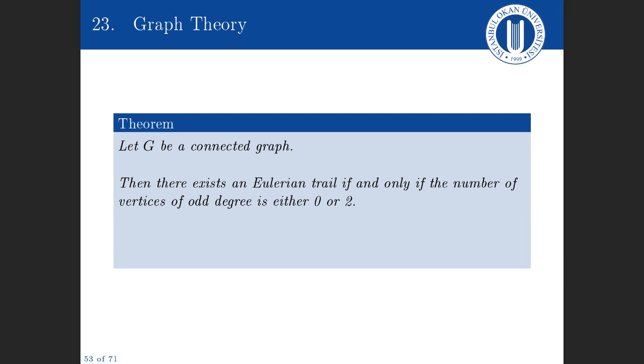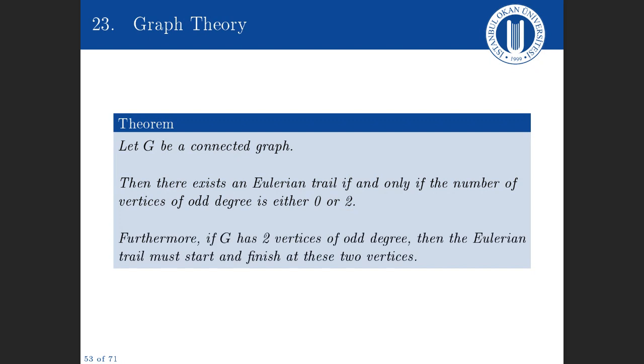So there's either no vertices which have odd degree, in other words, every vertex has even degree, or two of the vertices have odd degree and the degree of every other vertex is an even number. And then the theorem goes on, it says, furthermore, if G has two vertices of odd degree, then the Eulerian trail must start and finish at these two vertices.